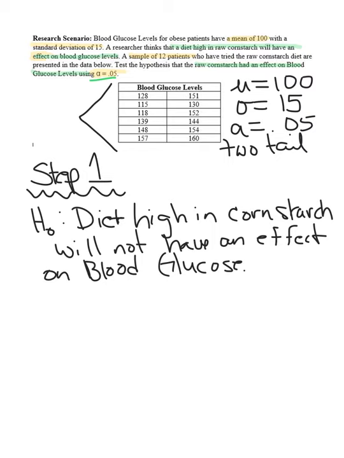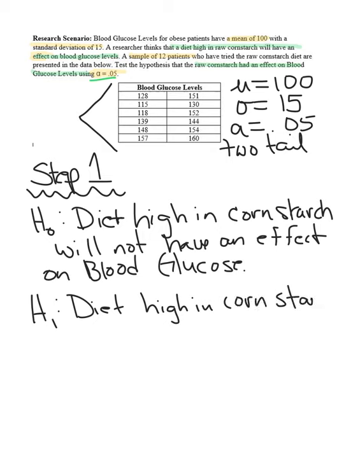null and alternative hypothesis. Your alternative is that diet high in cornstarch will, that's the key, will affect, we're just going to shorten this, how's that?